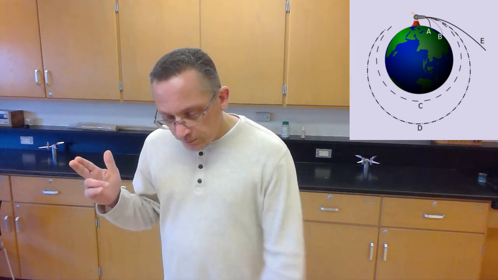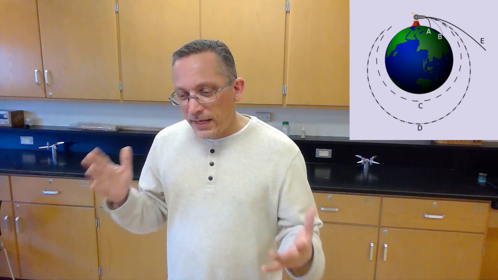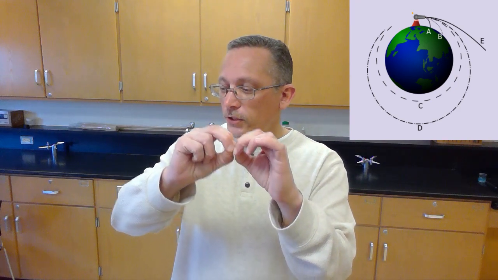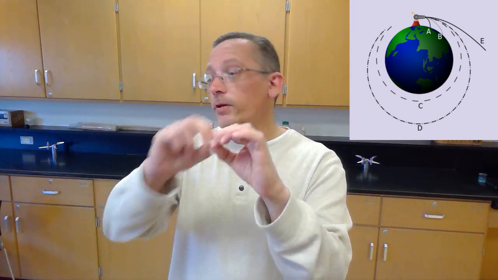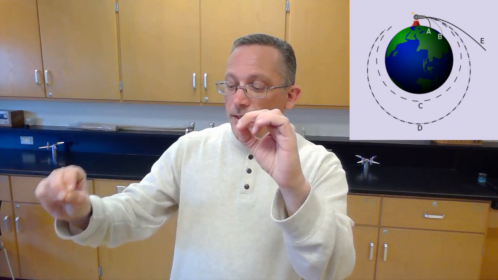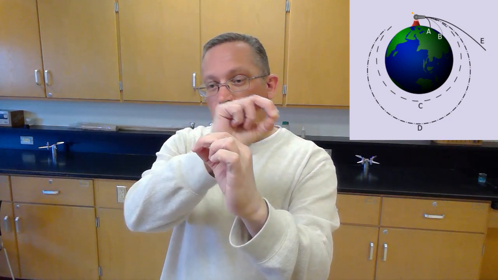But now think, could we fire that cannonball with enough speed that, gravity's still going to pull it towards the ground, but could we fire it fast enough that it misses the ground entirely and comes right back around to the backside of the cannon, right?